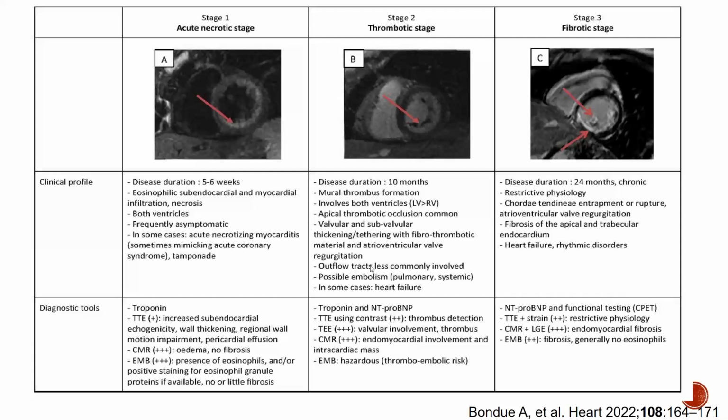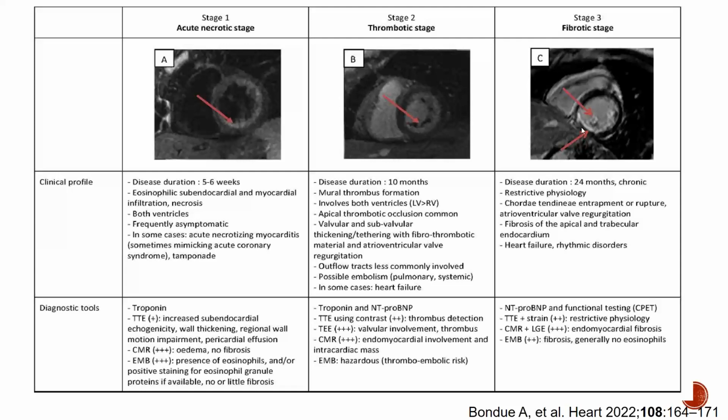The outflow tract, which is unlike our patient, is less commonly involved, and the patient can present with an embolism and in some cases with heart failure. Transthoracic echo using contrast shows thrombus. MRI will show endomyocardial involvement and intracardiac mass, like our patient. And myocardial biopsy is hazardous during this stage due to the risk of thromboembolism.